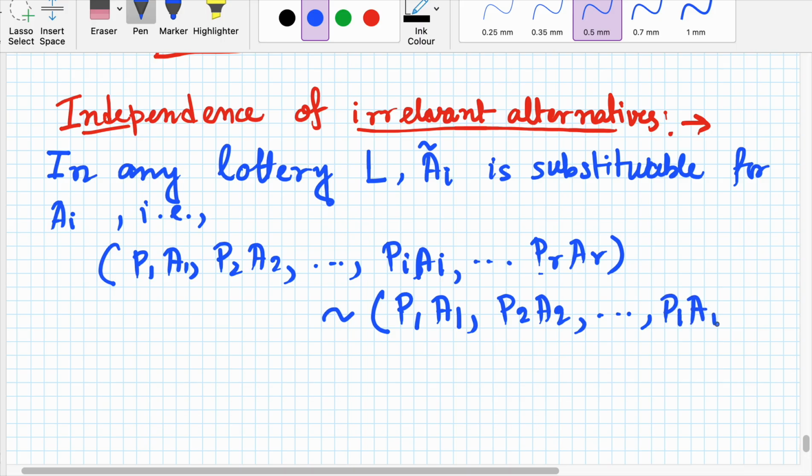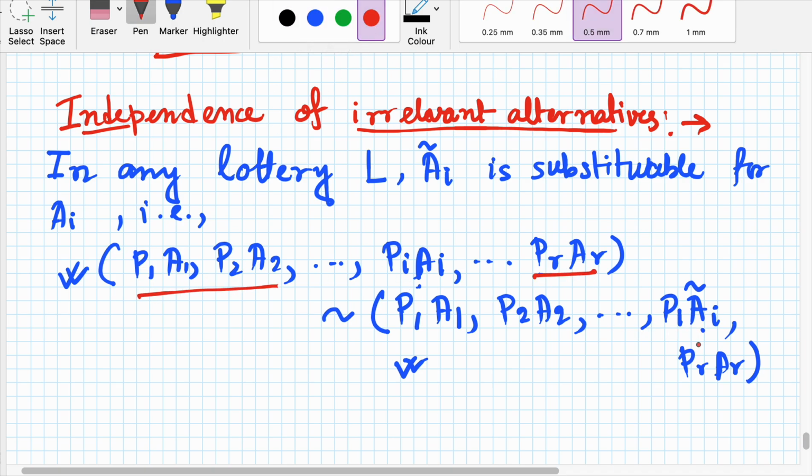So this lottery and this lottery are indifferent, because AI is indifferent with AI tilde, irrespective of all the other alternatives present here with some probability. Those alternatives are irrelevant.